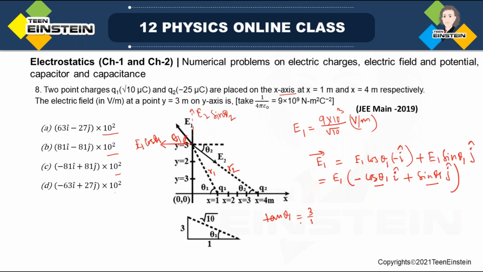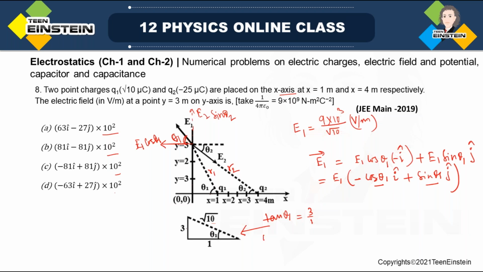From this notion, we can just draw a triangle like this where tan theta is 3. So 3 is the perpendicular, the base is 1, so the hypotenuse will be the square root of 10.